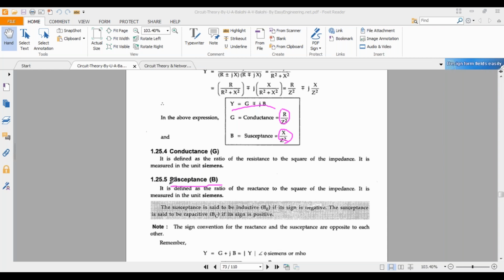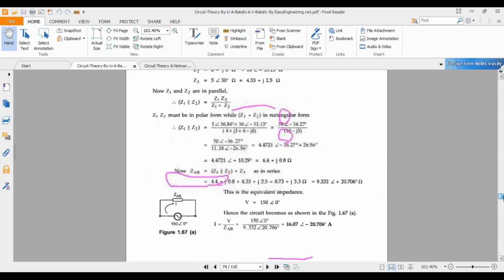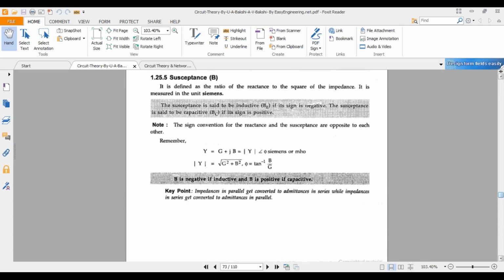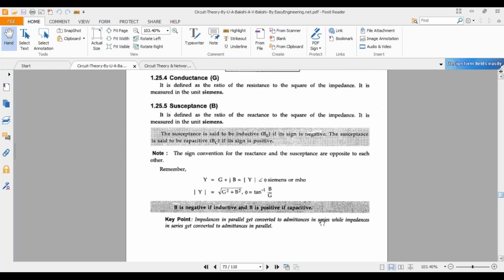1 by X is called susceptance. Its units are Siemens or mho. Admittance units are mho, and susceptance is 1 by X. Susceptance is measured in terms of Siemens or mho.